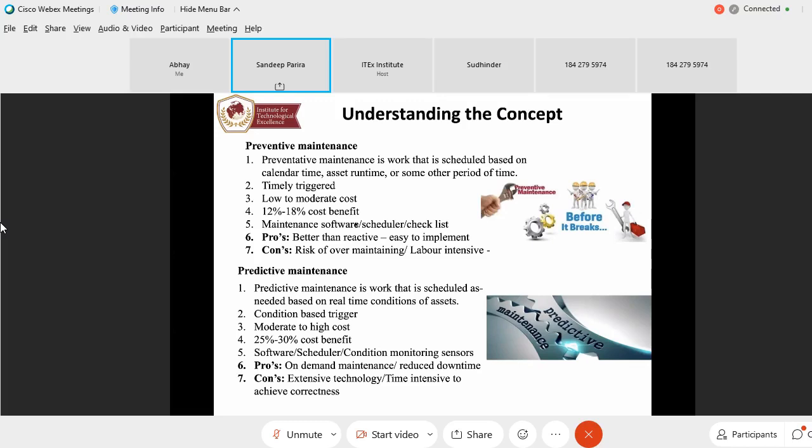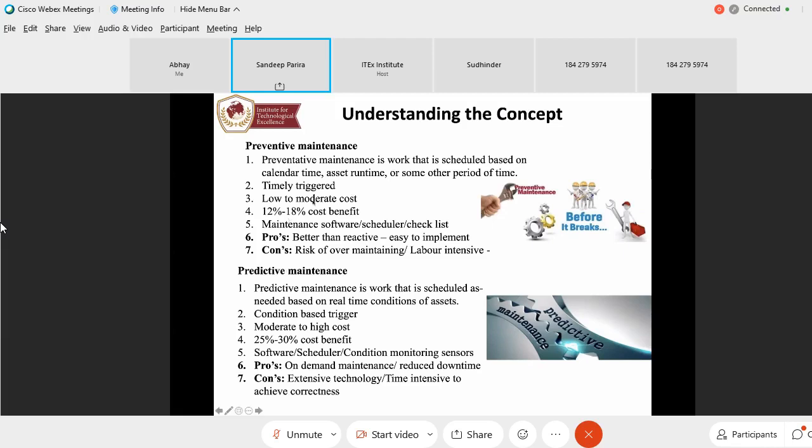So we don't schedule it on a timely basis, based on calendar time or asset run time. But if some condition or multiple conditions, which can be very complex or very simple, are true, then we schedule a predictive maintenance. The second difference is that preventive maintenance is time triggered, whereas predictive maintenance is condition based triggered. If the condition is true, it will trigger.